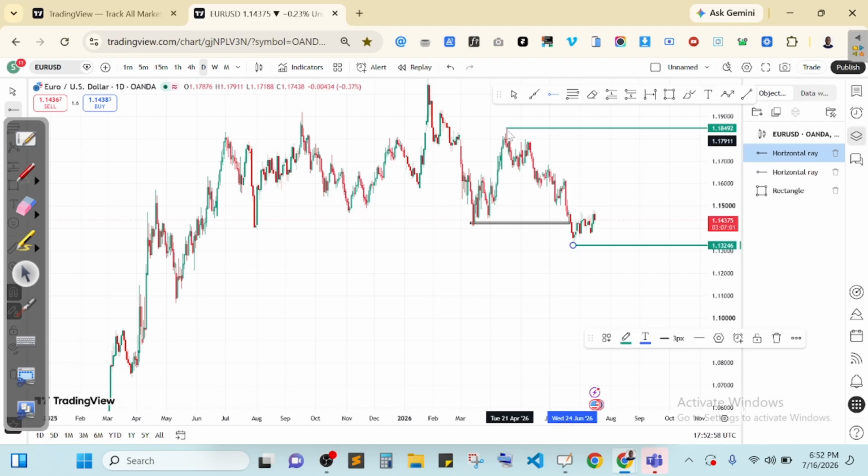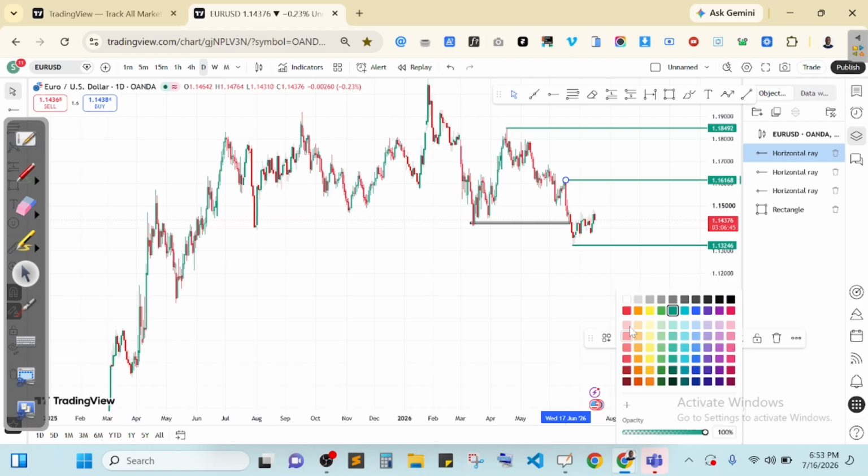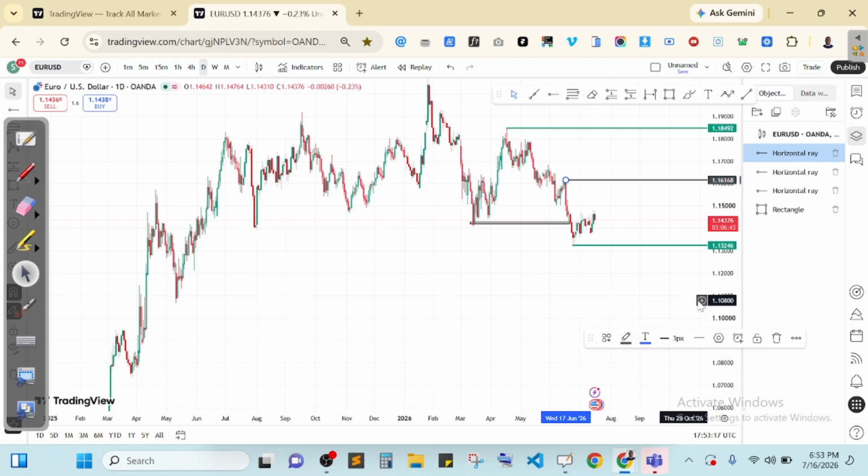But if you also pay attention, their internal structure here, this is high and this is low. This is an internal structure. This one, let me change the color. This place. So this is the recent high and recent low.